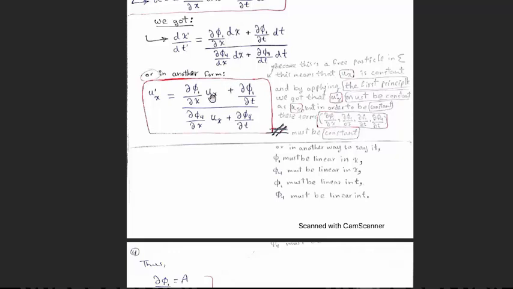So we get ux, and dt over dt is the same, so it's gone. dx over dt leads to ux. Here is the equation that we are talking about right now, so u dash x equals this equation.